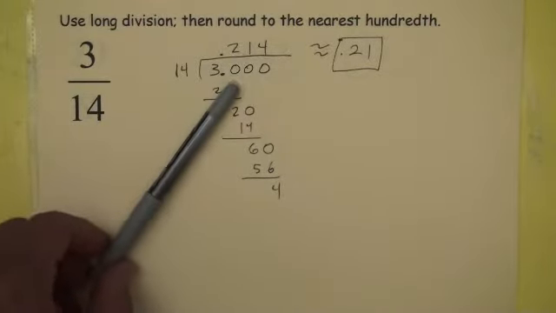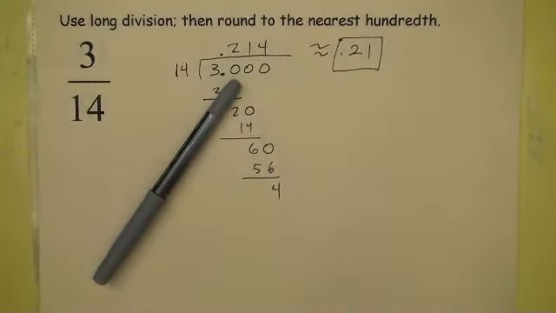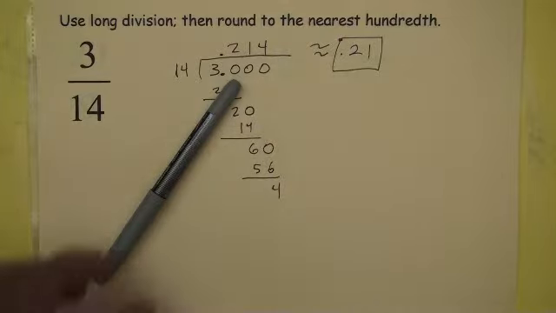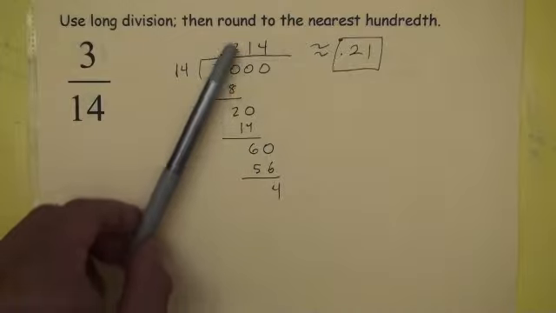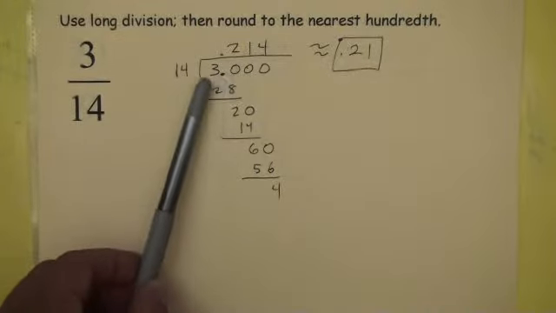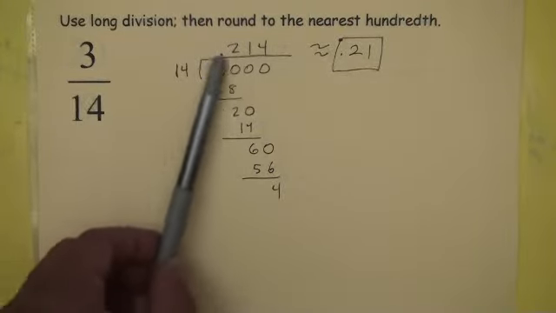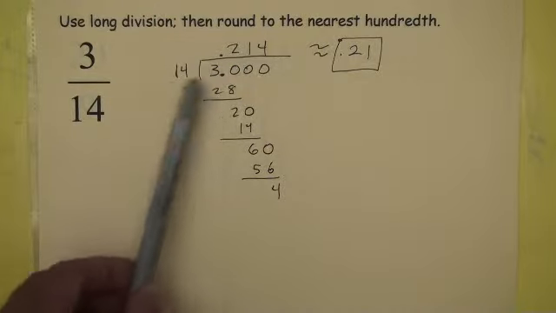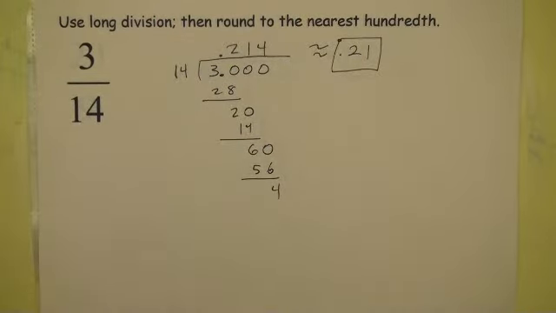Now, we would use 3 zeros here because we do want to find out what the third decimal would be in order for us to successfully round to the nearest 100th. So 14 goes into 30 twice.